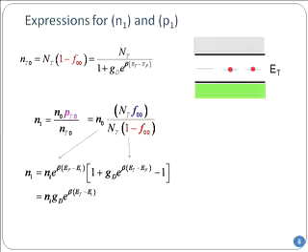Do you know E sub I, the intrinsic level? You know that, because remember we said in equilibrium, N is equal to P, and from that we calculated the value for EF, and EF is EI for the intrinsic material. It's close to the mid gap. I have EI. This whole thing I know, and therefore, I know N1.